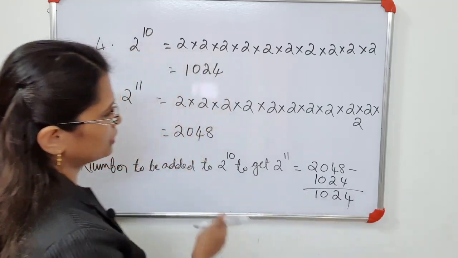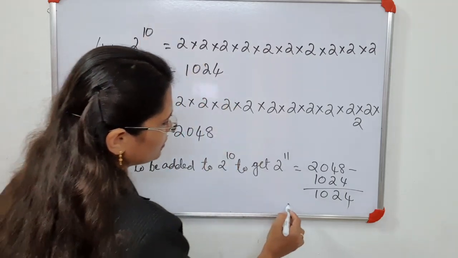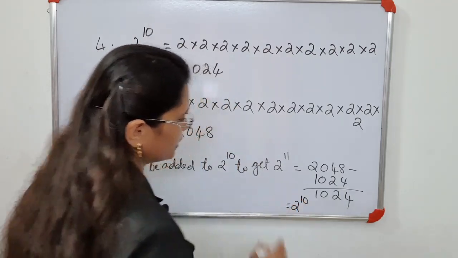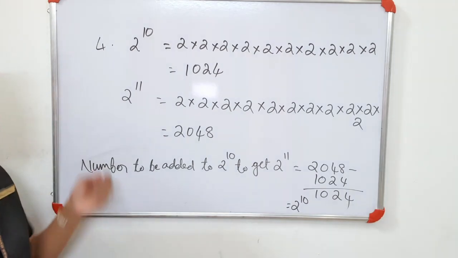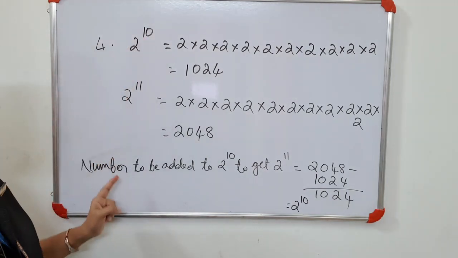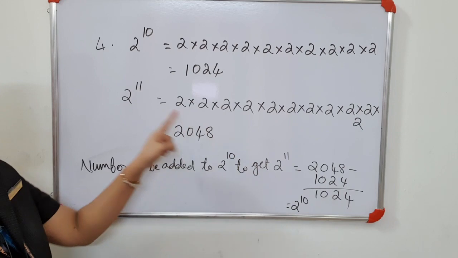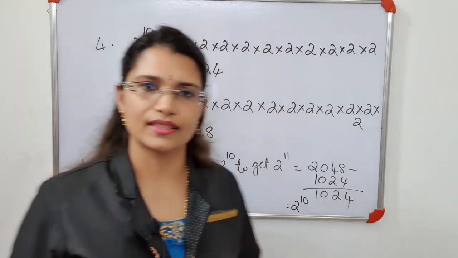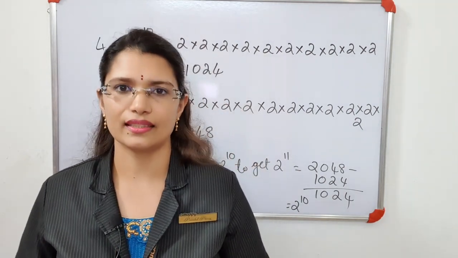What is 1024? We already know that it is 2 raised to 10. So, to 2 raised to 10, we have to add 2 raised to 10 to get 2 raised to 11. Okay.